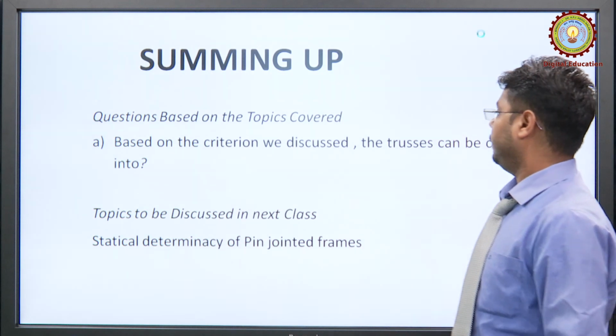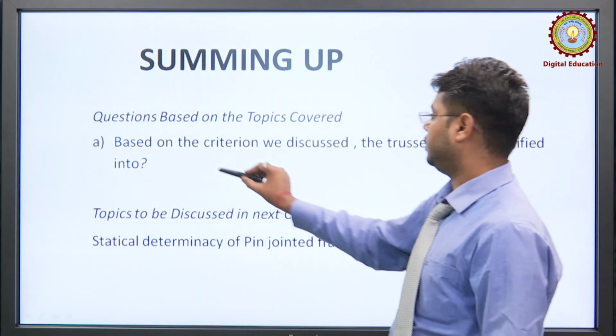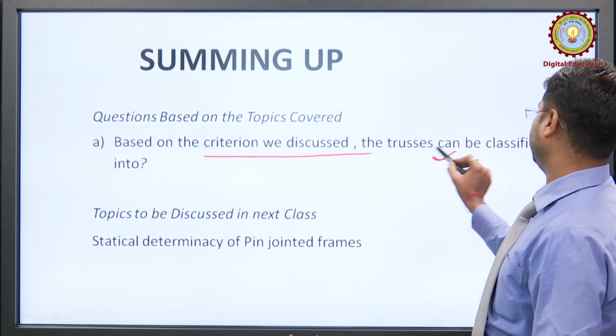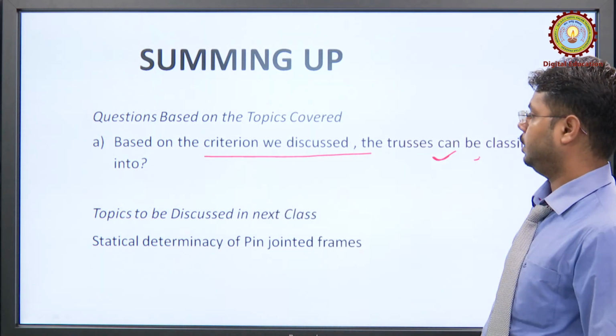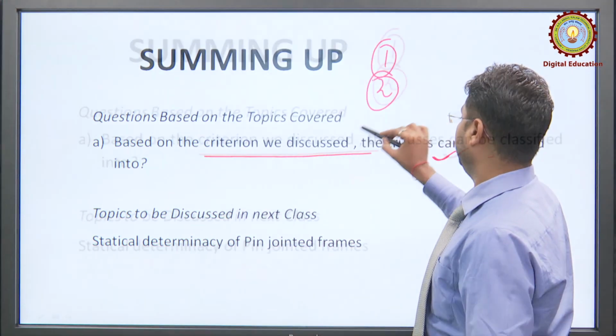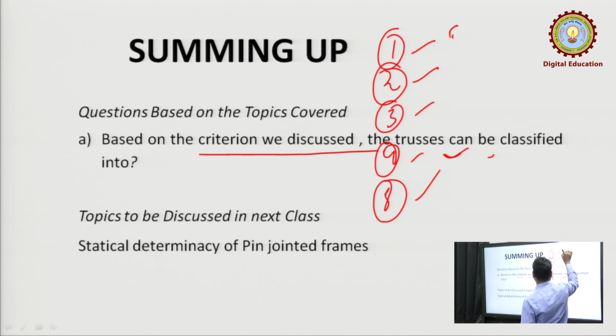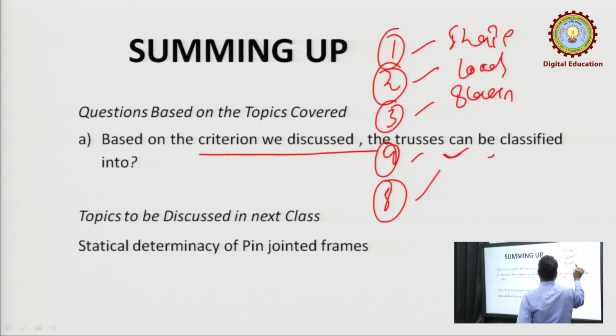So here is one more question about the trusses. Based on the criteria we discussed, the truss can be classified into how many types? In the last slides we learned there are 5 types of classification, based on the shapes, loads, placing and other factors.